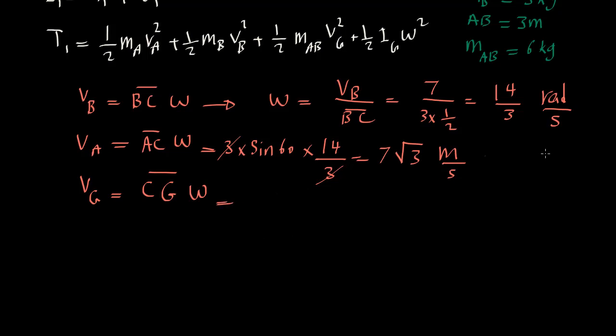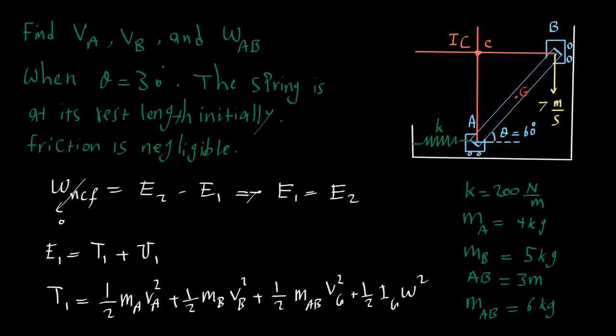And for VG, we have to find the distance CG. Because G is at the center of this link AB, we know that in a right angle triangle, if we connect this corner to the middle of the hypotenuse, this distance should be half of the hypotenuse. So if AB is 3, this should be 1.5, 3 over 2.